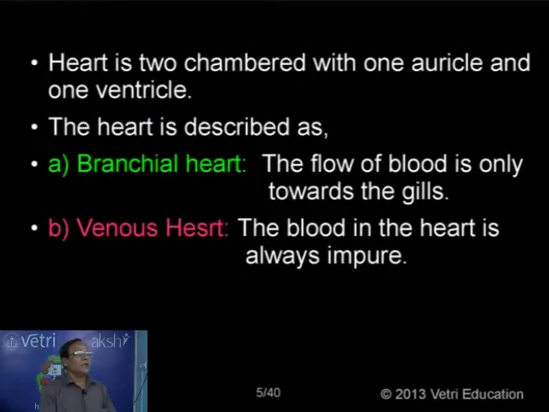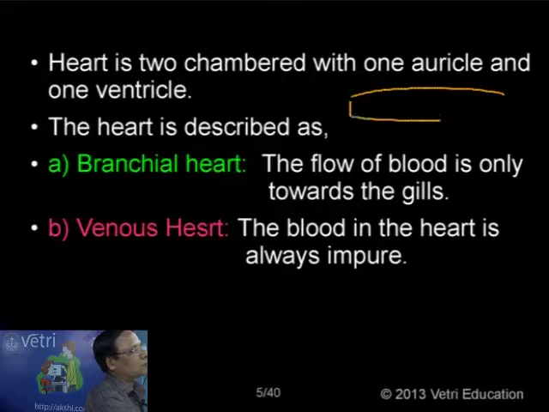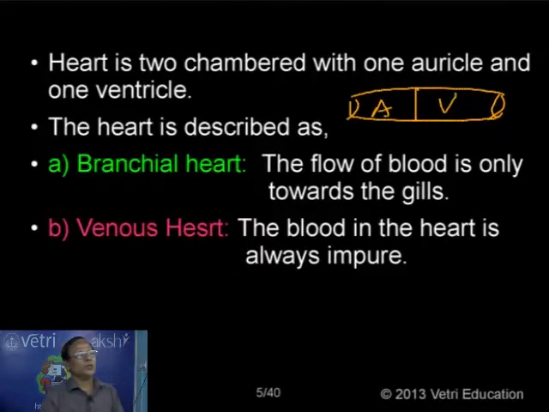Then, in the case of vertebrate animals, during the course of evolution, if we are taking the heart, evolution occurs starting from a tubular structure. If we are taking the case of cyclostomes as well as fishes, the heart is normally tubular. Formed of two chambers, namely one auricle and one ventricle, a tubular heart.